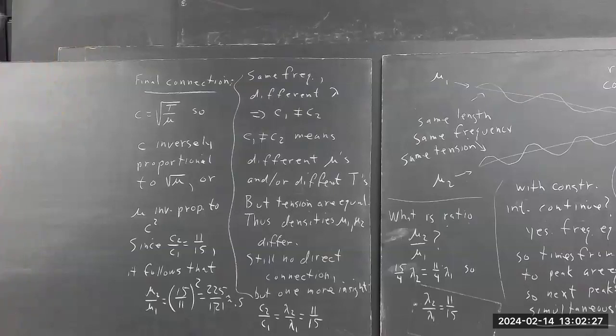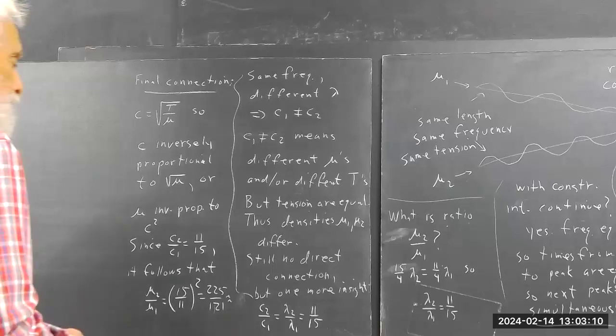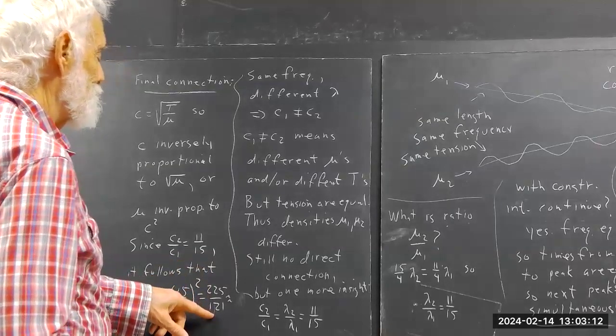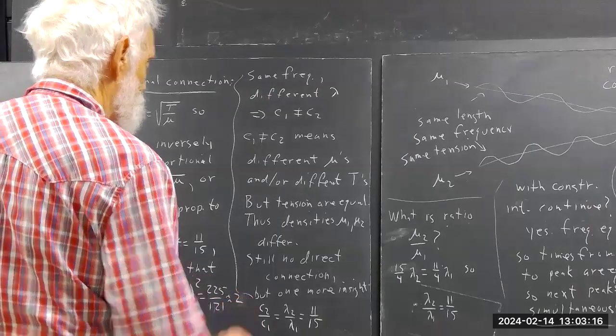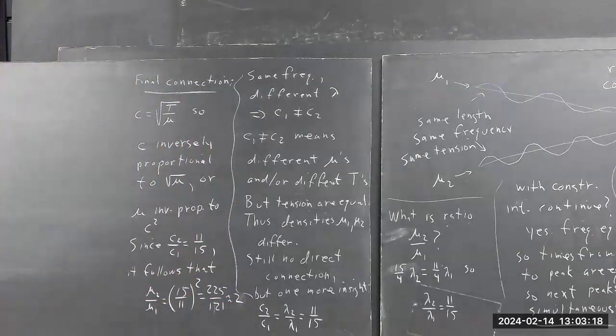I don't see what's wrong here, but let's ponder it for a minute and fix it. Apparently, I've kind of lost my mind here. Yeah, this is half of this. But if I divide this into this, I get something close to 2, not 1/2. Okay, so it's just a bonehead brain glitch.